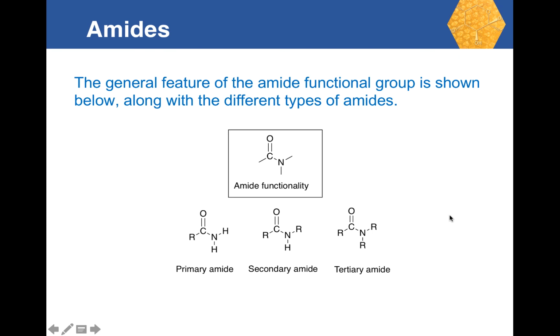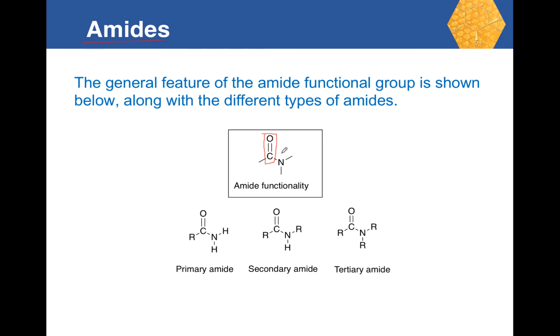Okay, let's turn our attention now to another functional group called the amides. So this functional group here has, again, as you can see here, the carbon-oxygen double bond. You can tell that's a very important feature in organic molecules. But in this case, it's not bonded to a hydrogen.